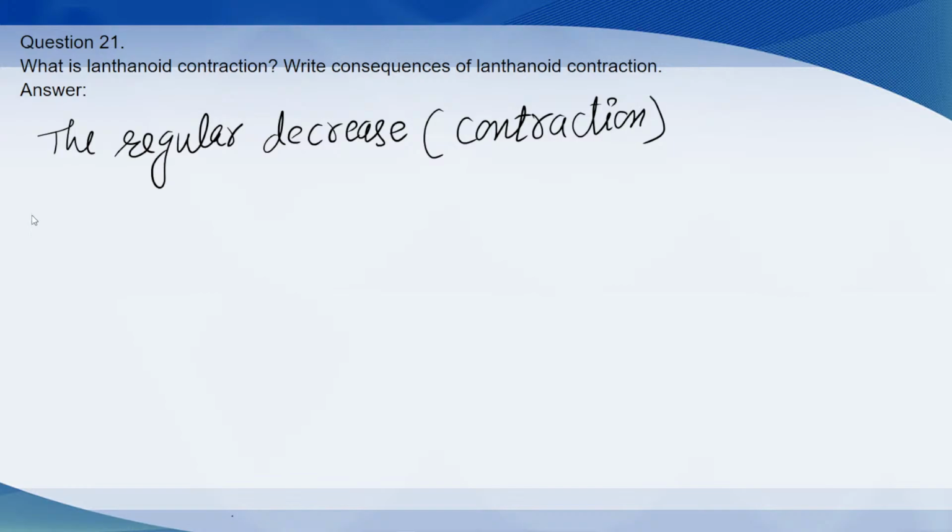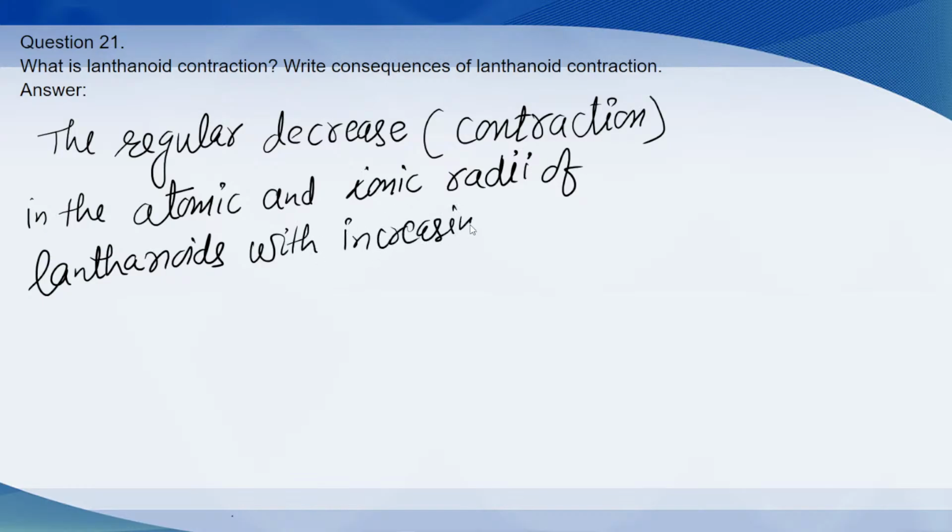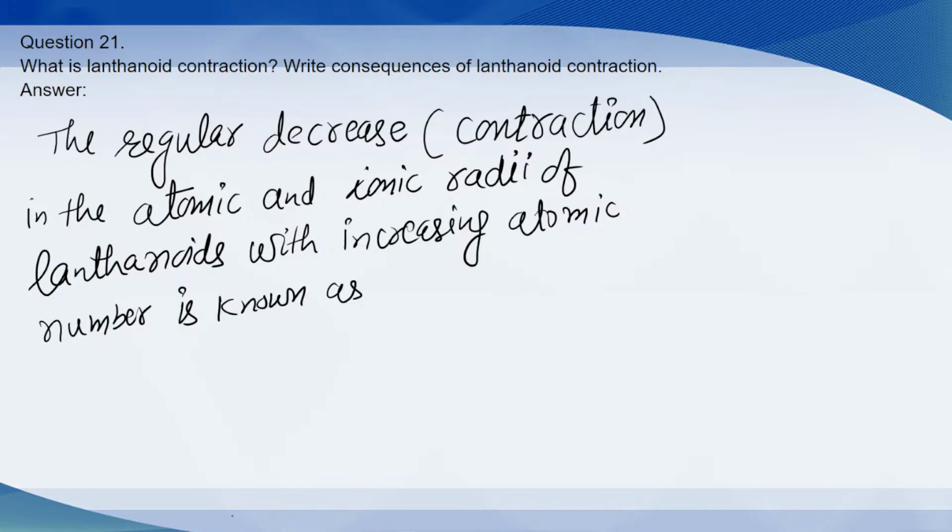So regular decrease in the atomic and ionic radii of lanthanoids with increasing atomic number is known as lanthanoid contraction.